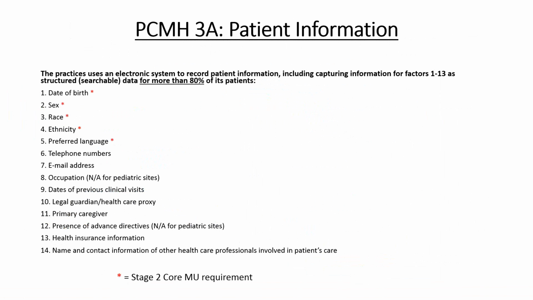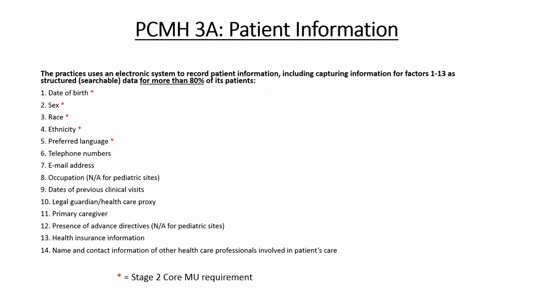Using the occupation field as a place to note if it's a retired patient, if they're disabled, unemployed, if they're a student. Providing this information gives a good background on things for health risks and social determinants of health that the standard focuses on, and we'll see in later elements where that information becomes important.